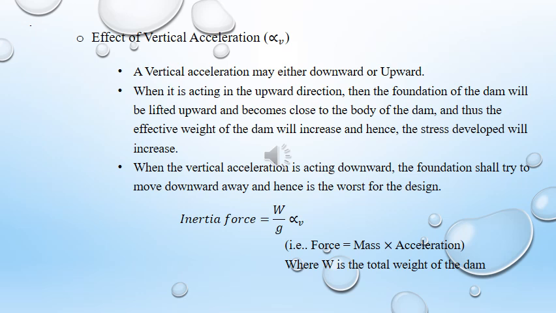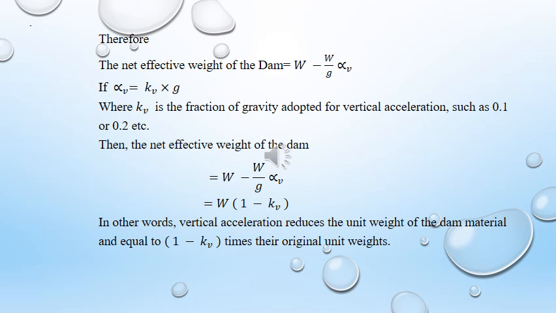So this is W by g into alpha v, where W is the total weight of the dam.